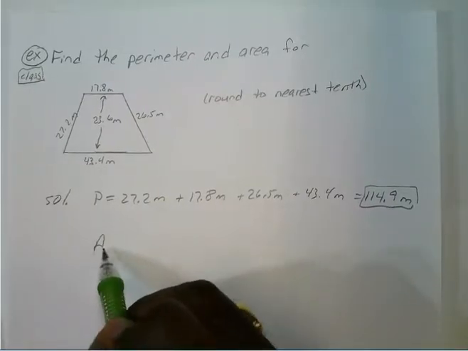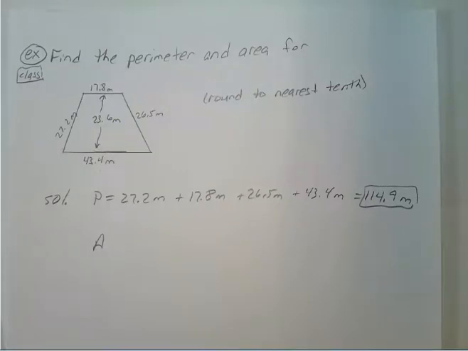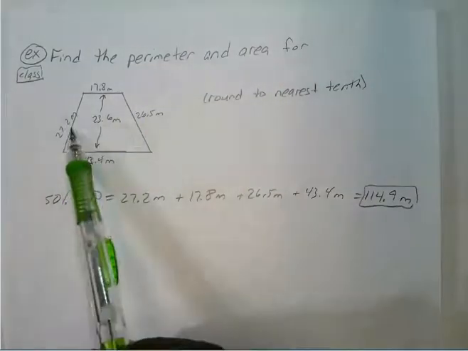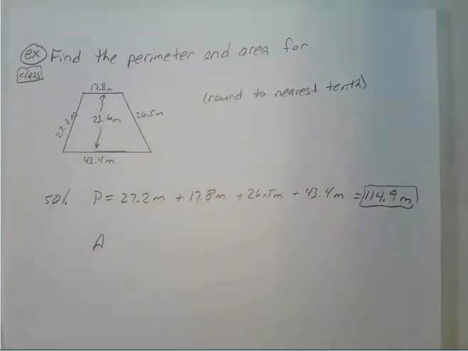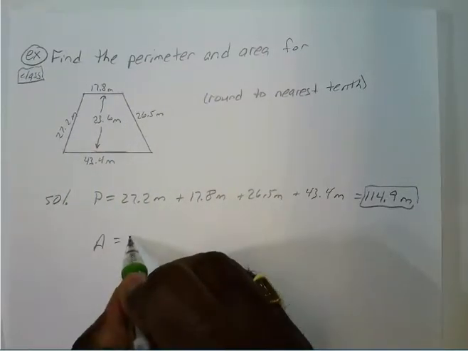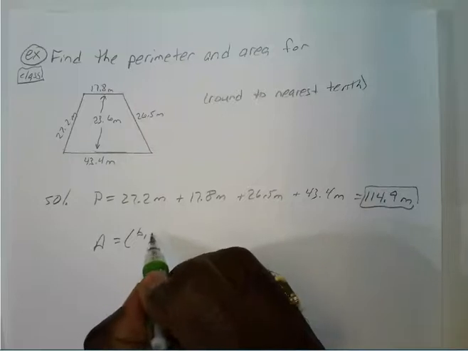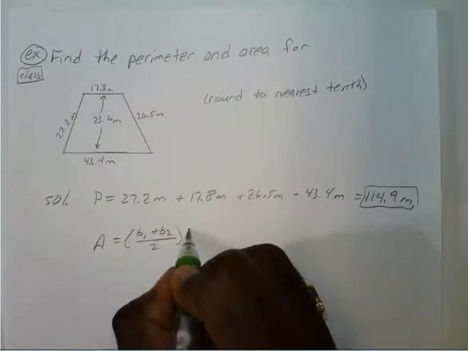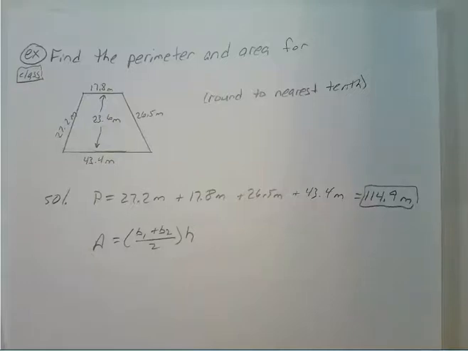So what about the area? Well, we see here that it's a trapezoid because you have your two parallel lines and your two non-parallel lines. So the area of that trapezoid is base number 1 plus base number 2 divided by 2 times the height.